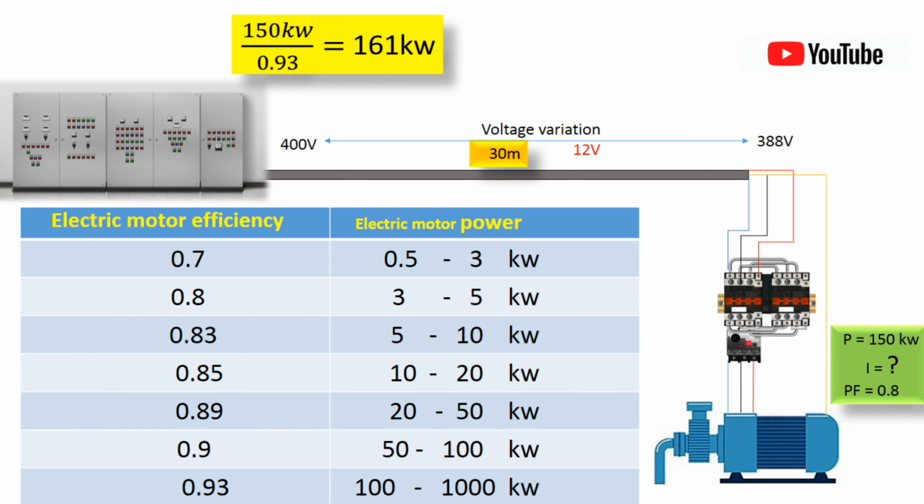In our example, the motor power is 150 kilowatts. According to the table, we divide this value by the motor efficiency, which is 93%, to obtain the electrical power.